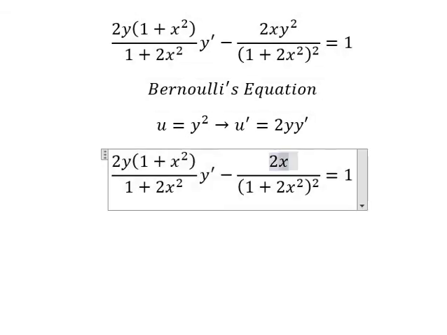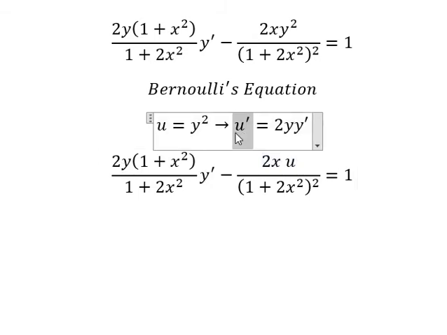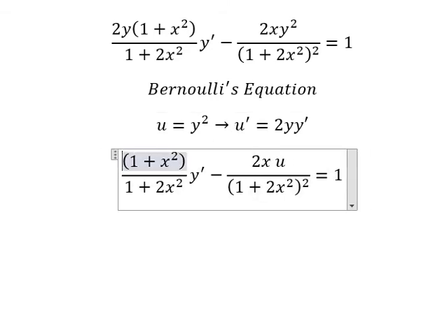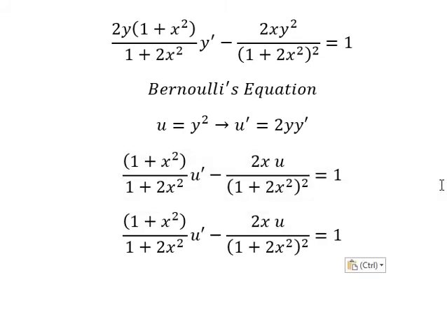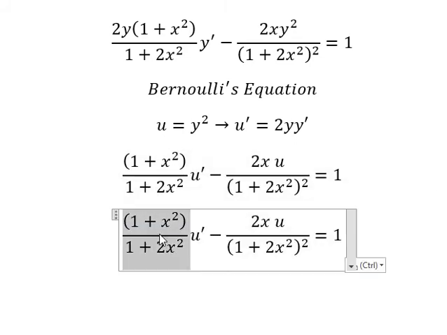This one we change by u, 2y, and first derivative of y we change by first derivative of u in here. Later that we divide both sides by this one.